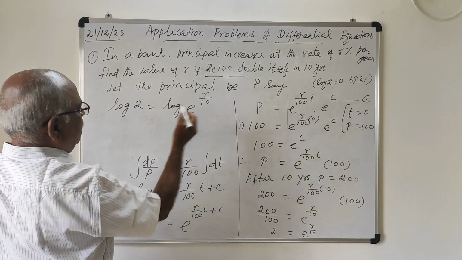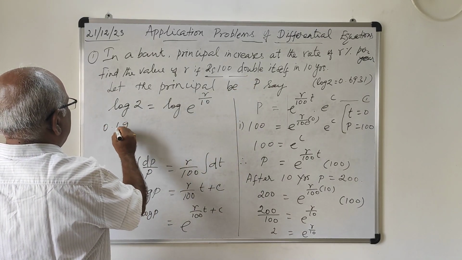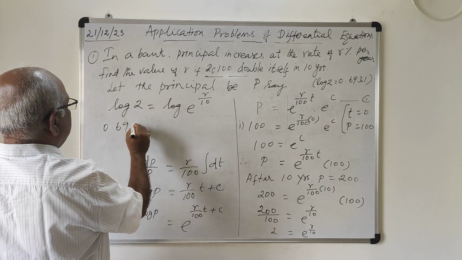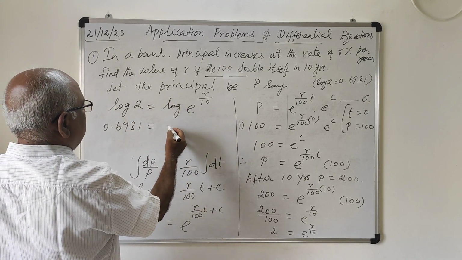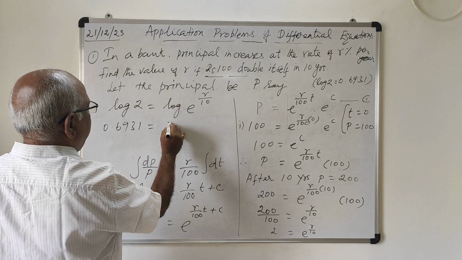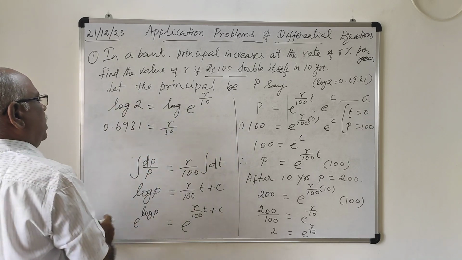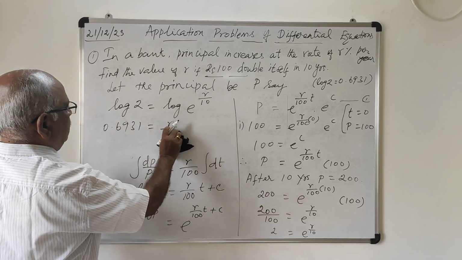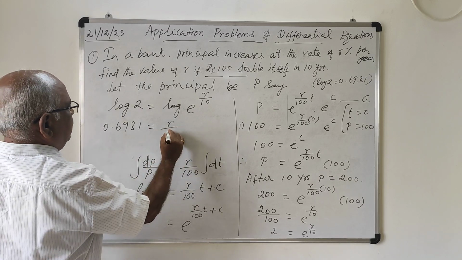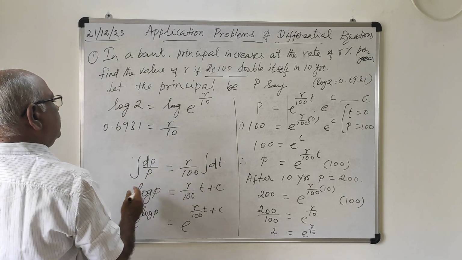Log 2 is given in your problem. 0.6931 equal to R by 10 into log e, and log e is 1.